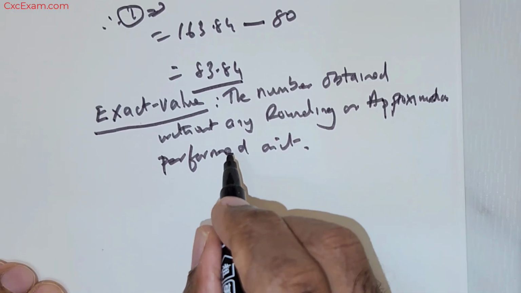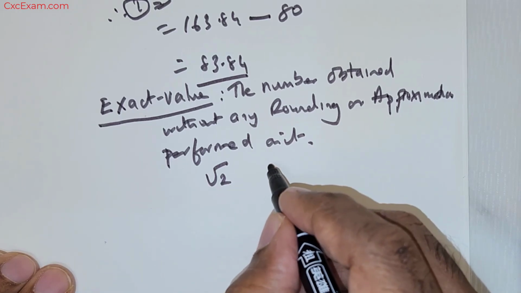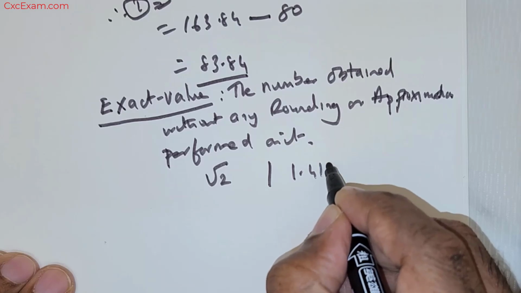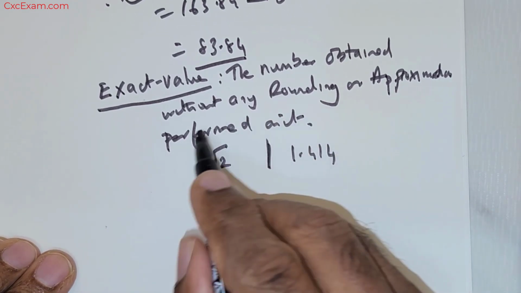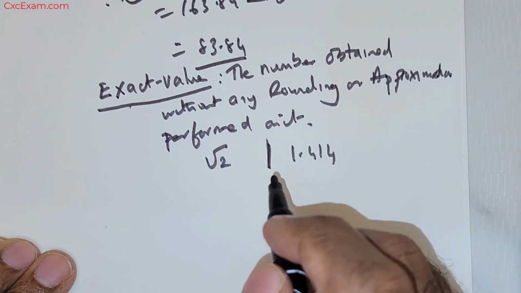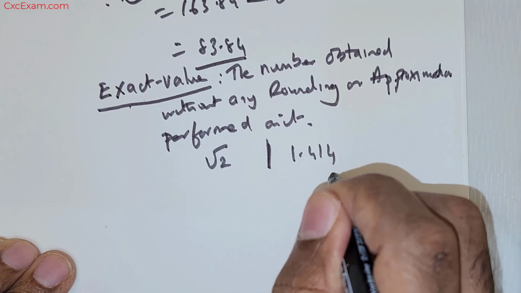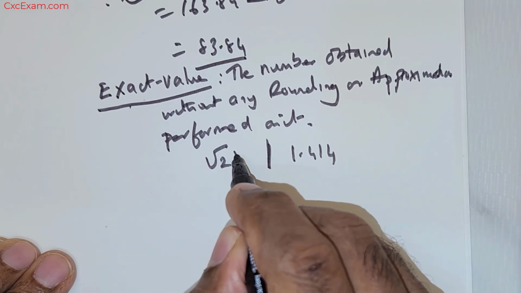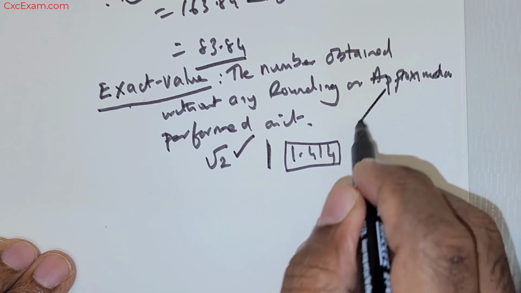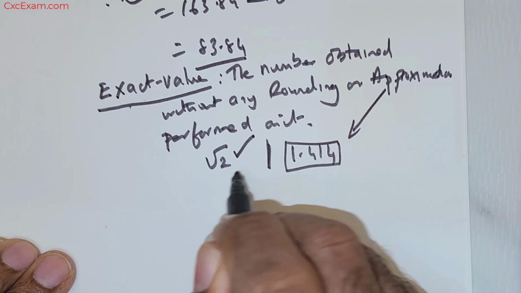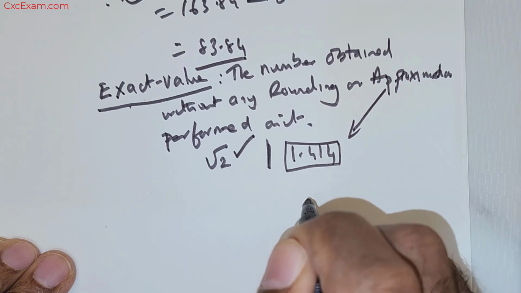Suppose you are given this choice, say root of 2 and 1.414. Which of these would you consider as exact value? Your choice should be root 2, because 1.414 is an approximation. It does not give you the exact value.